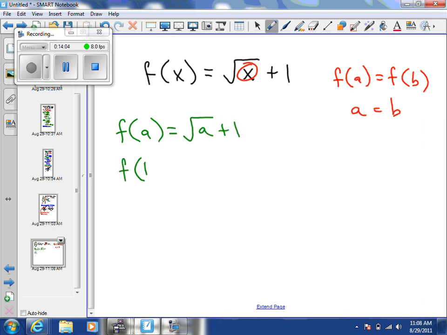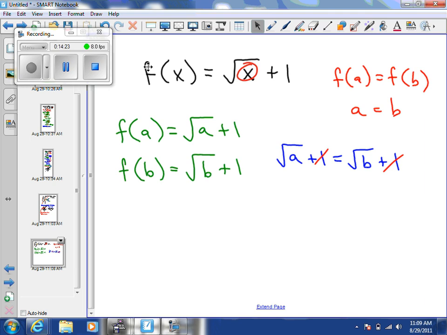So what we're going to do is replace x with, let's call it a, for f of a. The function value at a would be the square root of a plus 1. The function value at b would be the square root of b plus 1. I'm going to set these two things equal to each other. What would it take for the square root of a plus 1 to equal the square root of b plus 1?